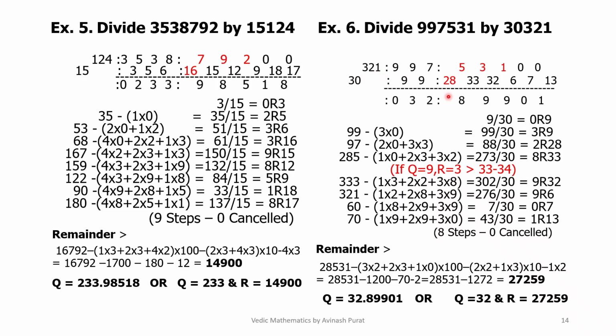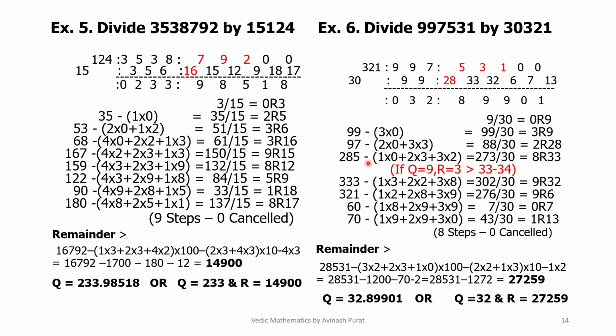So 9 divided by 30 is 0 and quotient is 0 and remainder is 9. 99 minus 3 into 0 equal to 99, divided by 30 is 3, quotient, and remainder 9. 97 is the next dividend, minus 2 into 0 plus 3 into 3, that is 88, divided by 30 equal to 2, quotient, and 28 remainder.